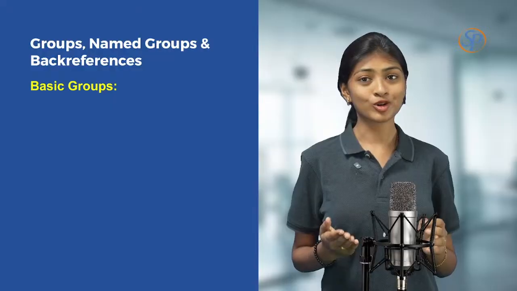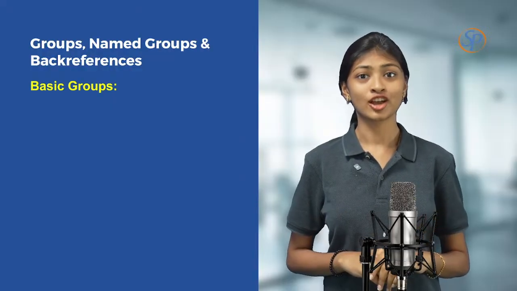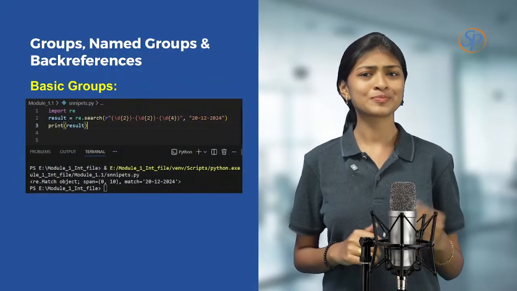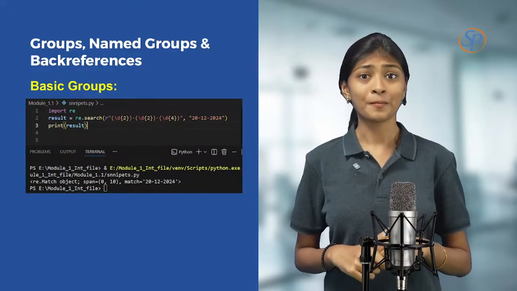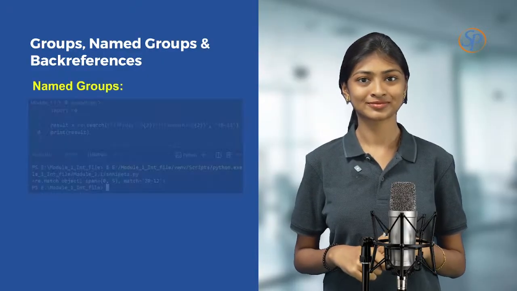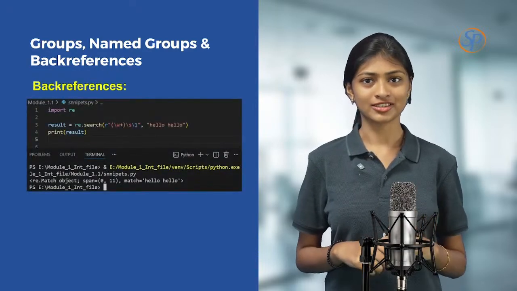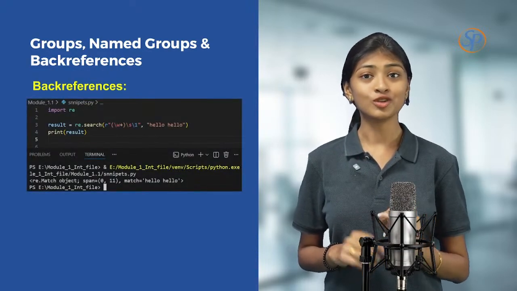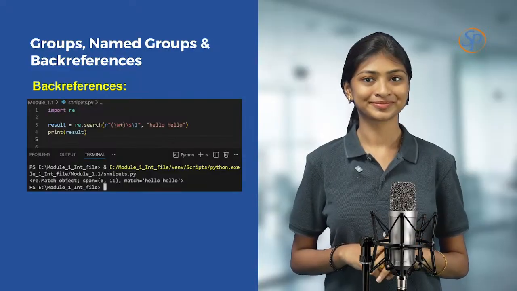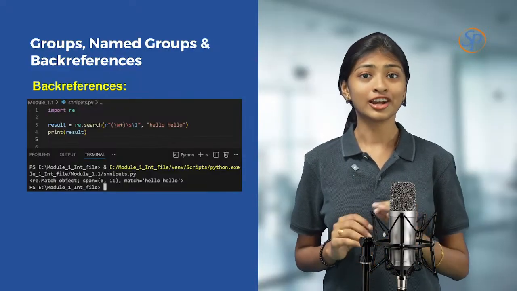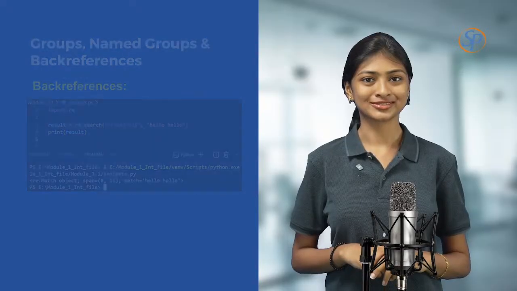Groups, named groups and back references. Groups allow us to extract specific parts of a pattern. Basic groups. Named groups. Back references, used when the value must repeat. \1 refers to the first captured group.